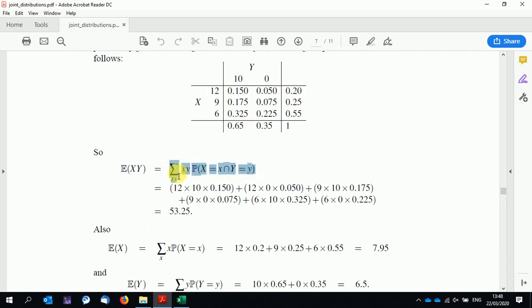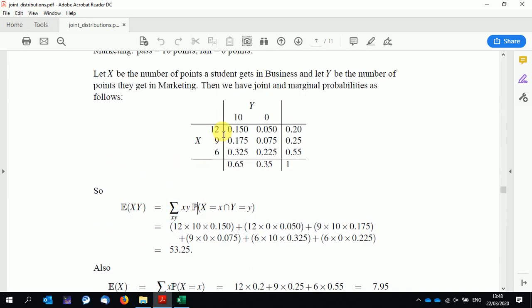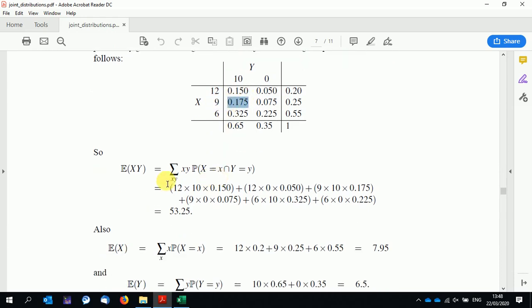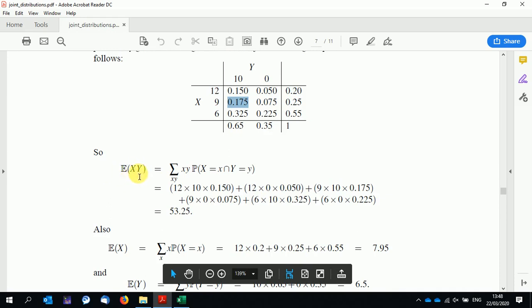The formula is here, and to find the expectation of x and y, you will do 12 times 10 times 0.150, plus 12 times 0 times 0.050, plus 9 times 10 times this, and so on and so forth. That will give you the expectation of xy. In this case, please try this. You should get 53.25 here.